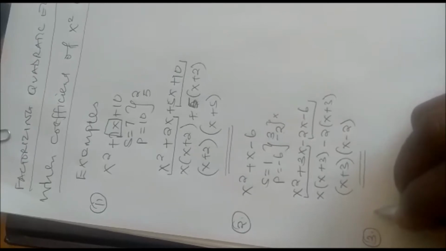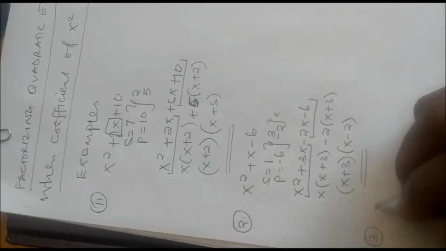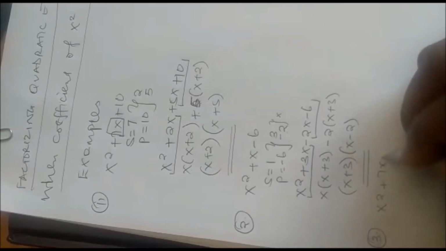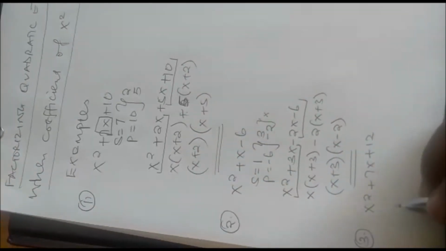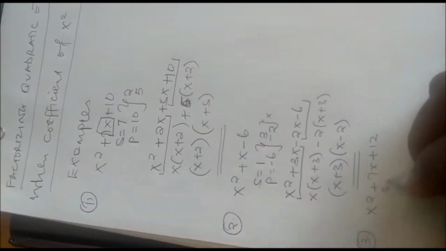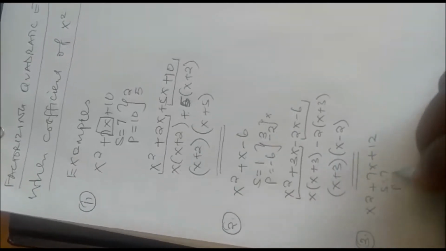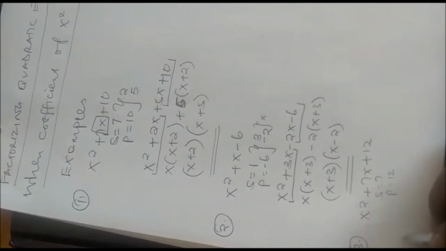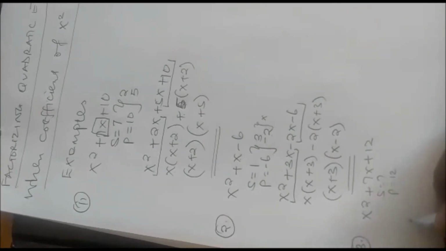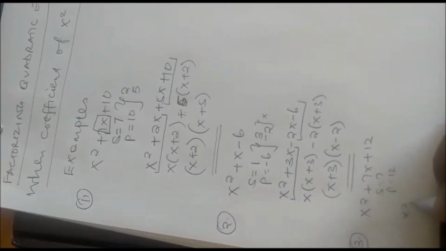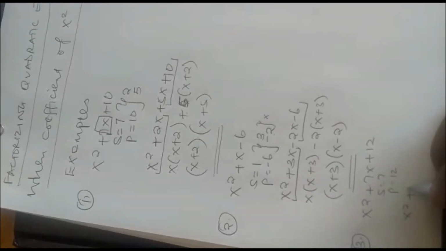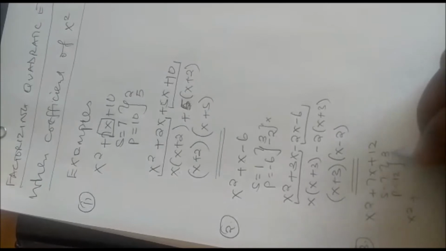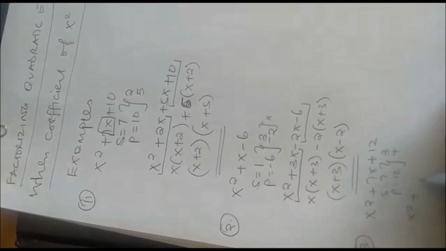Lastly, let us look at this example. x squared plus 7x plus 12. Here the sum is 7, the product is 12. So we shall have x squared plus, this is 3 and this is 4.